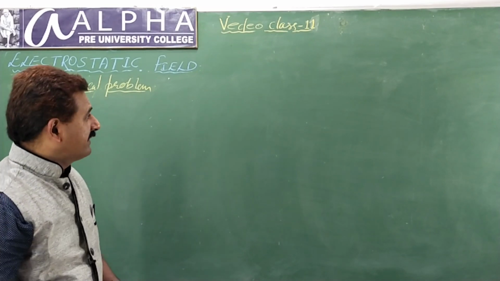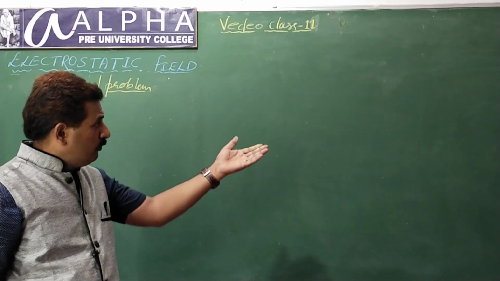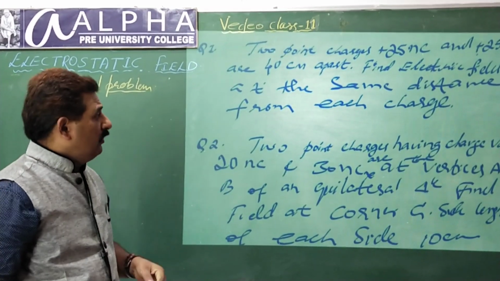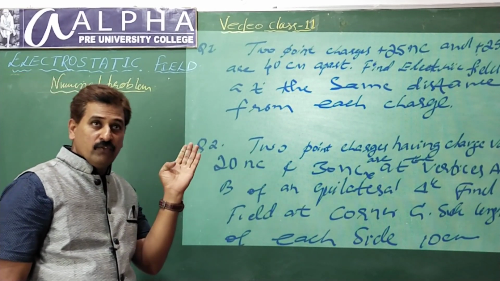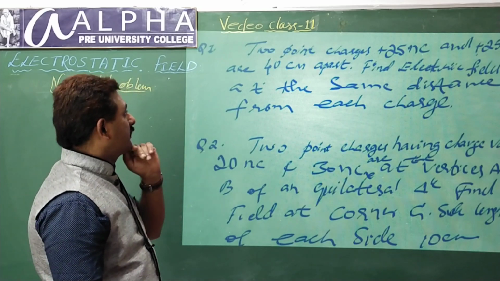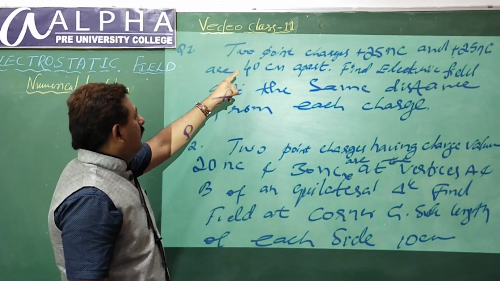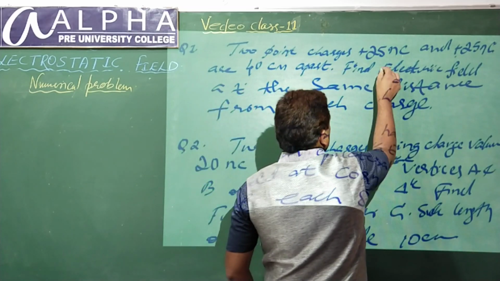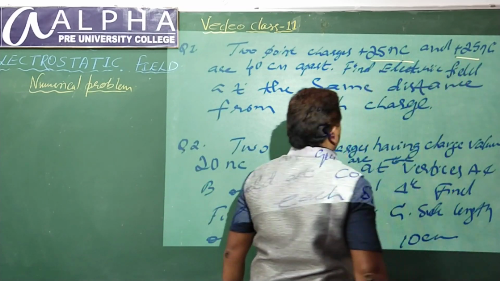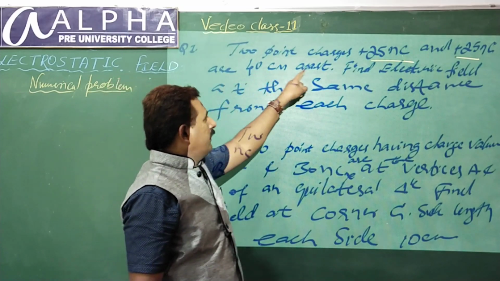Okay, students, we will see a numerical problem for the principle of superposition on electric field, similar to the forces which we did in the previous videos. Let's see a problem. Two point charges, plus 25 nanocoulomb and plus 25 nanocoulomb, are 40 centimeters apart.